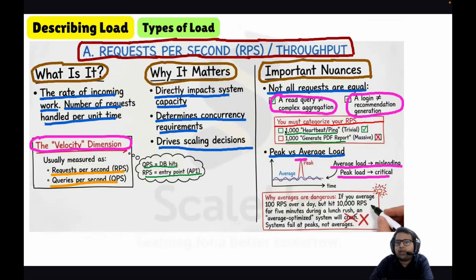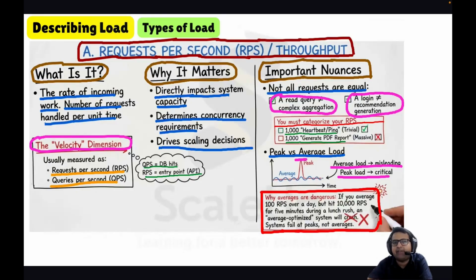Why can averages be dangerous? If your average is 100 requests per second, but you hit 10,000 requests per second for 5 minutes during a lunch rush, a system optimized for the average will crash. Systems usually fail at peaks, not averages. So when we are dealing with requests per second, we don't have to just look at the average.